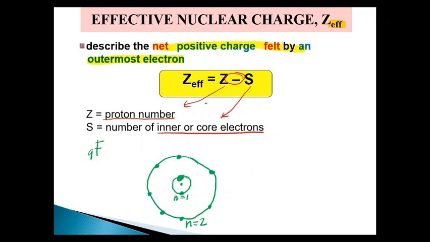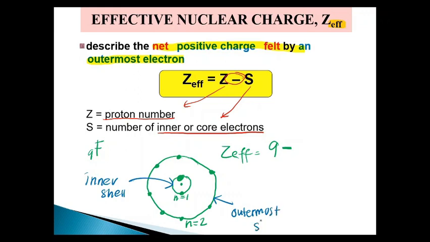Now let's calculate your ZEF. The ZEF of fluorine would be the proton number, which is 9, minus, is it minus 2 or minus 7? The first shell of fluorine would be the inner shell, and this would be the outermost shell.